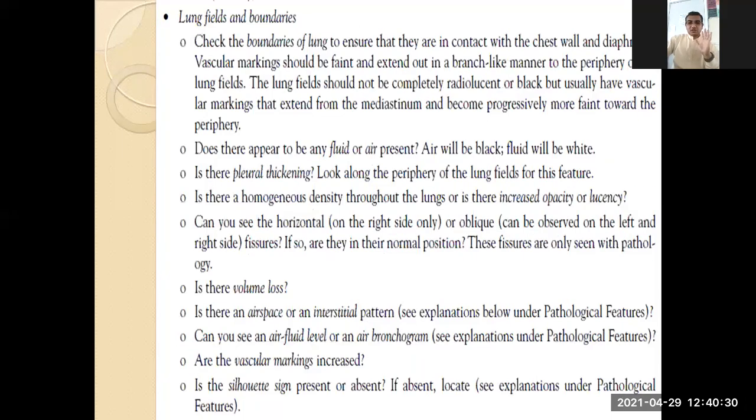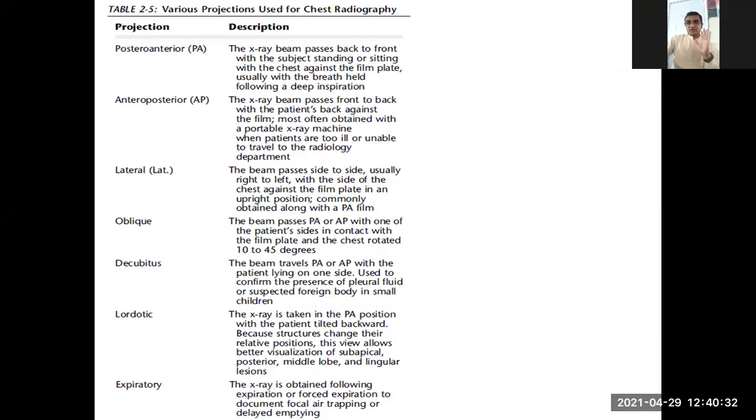Fine. So these are the various types of projections. You know very well PA. Usually a chest X-ray is taken in PA only. But in an emergency, or with patients who cannot stand, they will put a plate just below the chest and take the X-ray from above in the supine position.